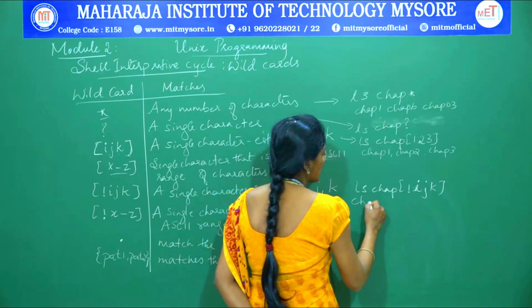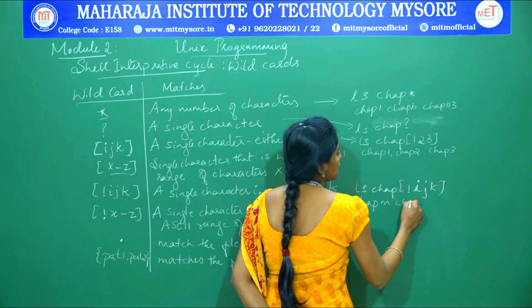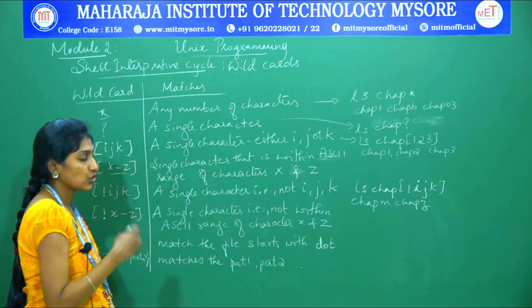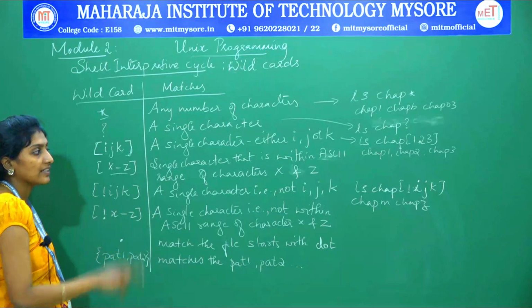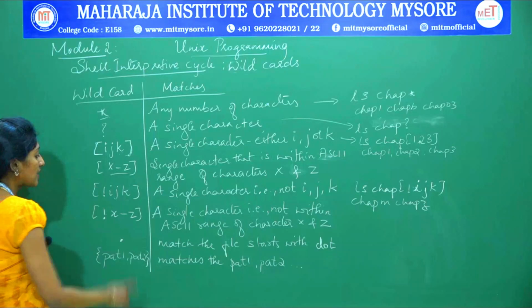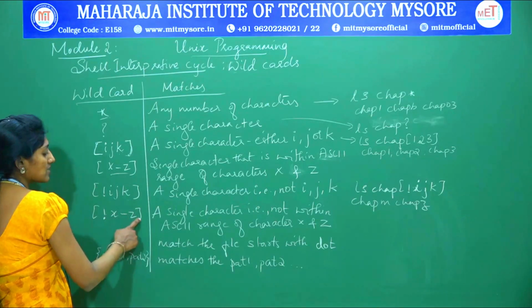Instead it is going to match chapter m, chapter z, like this. So apart from those three characters, it is going to match any other character of that character class or within those alphabetical characters.